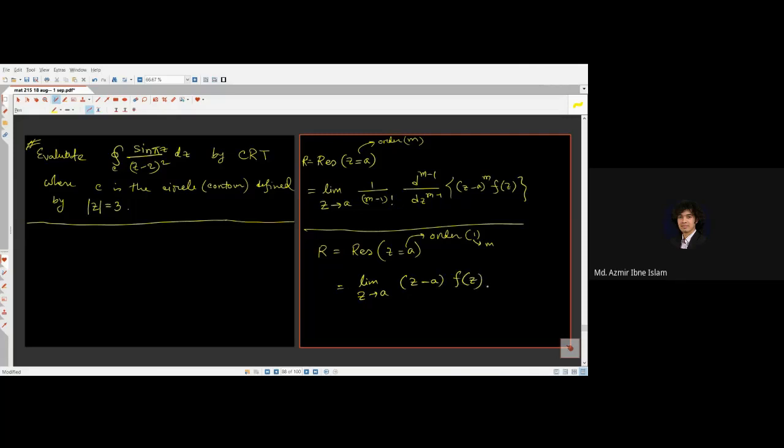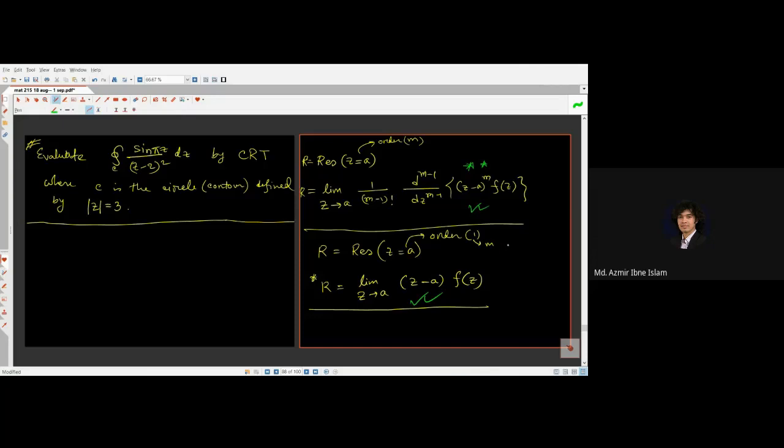So this is the special case. If the pole is of order 1, then we can apply this formula directly. And if the pole is of order m, then we can apply the general case. In the last consultation, we solved some problems with this formula. Now we will focus on this.